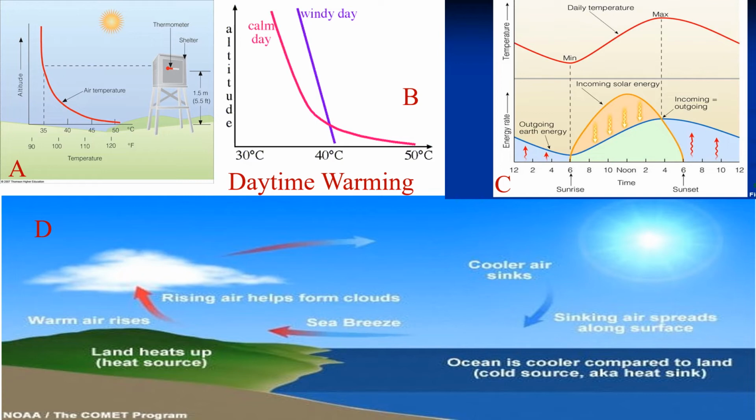Around noon, at 12 o'clock, the sun's rays are most intense. Incoming solar radiation decreases in intensity after noon, but for a time it still exceeds the outgoing heat energy from the surface, called infrared terrestrial radiation.